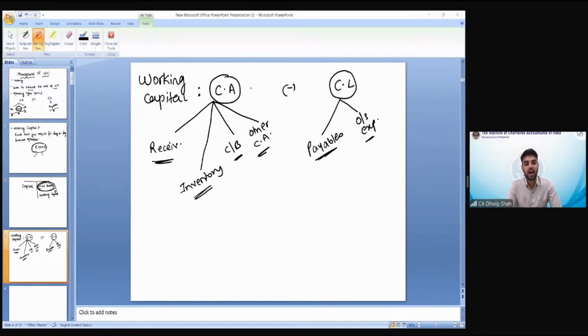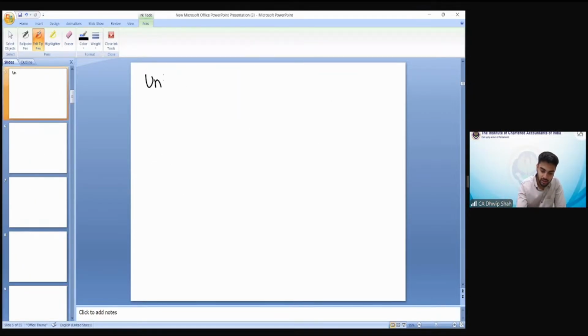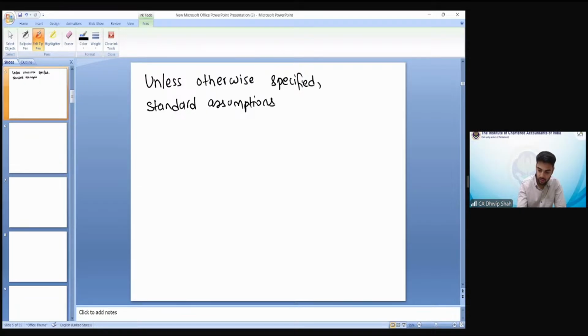So there are certain standard assumptions of this chapter, unless otherwise specified, for estimating the working capital.